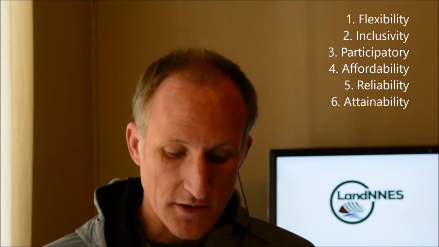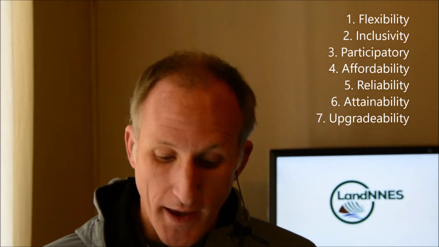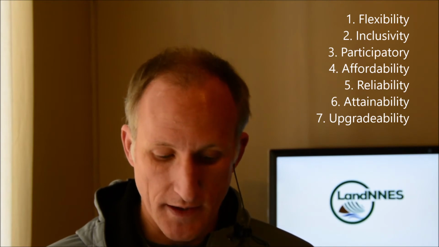Number 6, the goals for fit-for-purpose land administration should be attainable, meaning that the land administration system should be able to be established quickly with available resources, even if it's not perfect. Going hand in hand with that, number 7, is that the land administration system should be upgradable incrementally in response to changing social and legal needs.